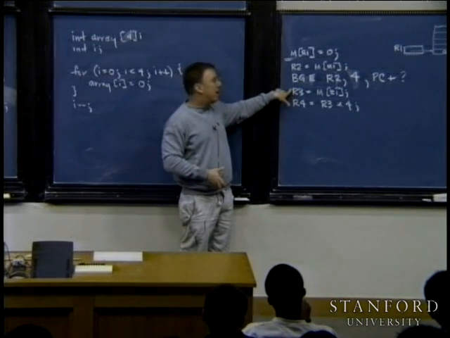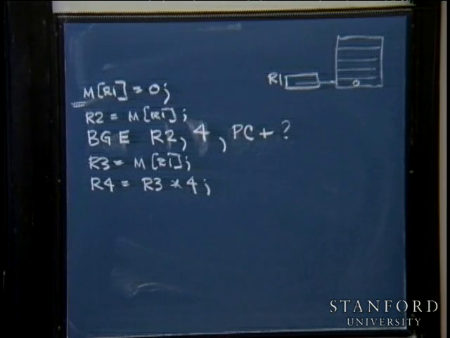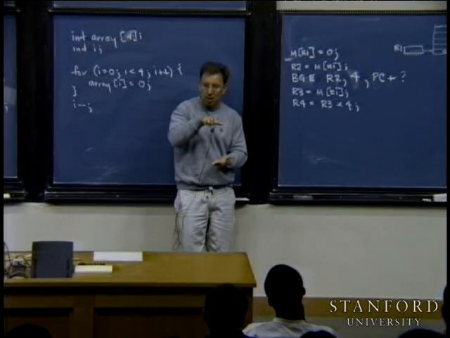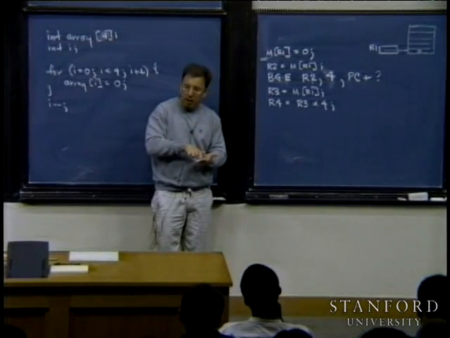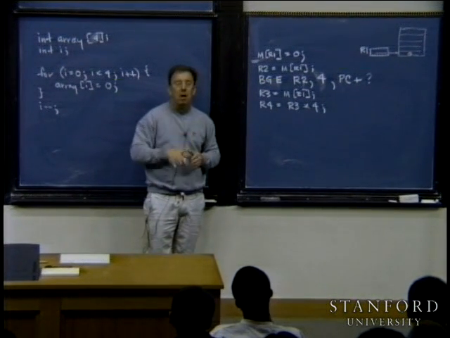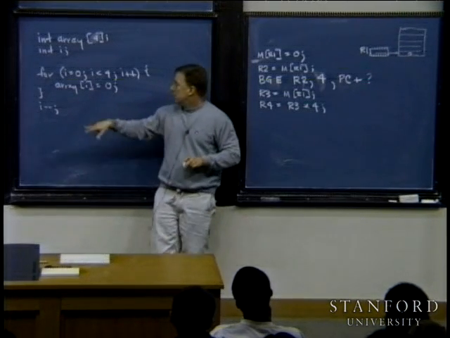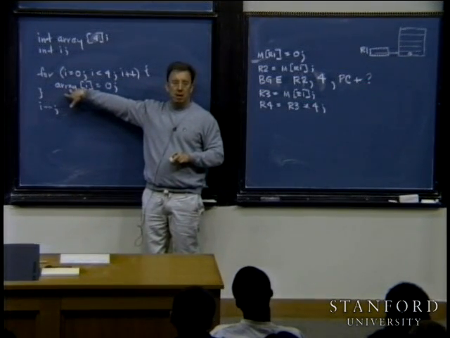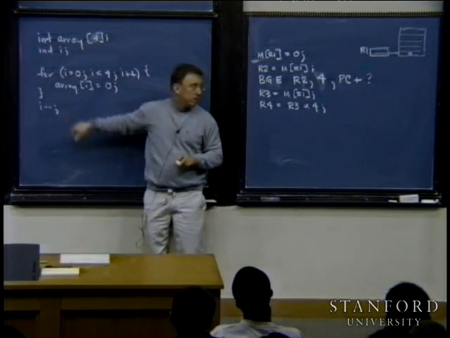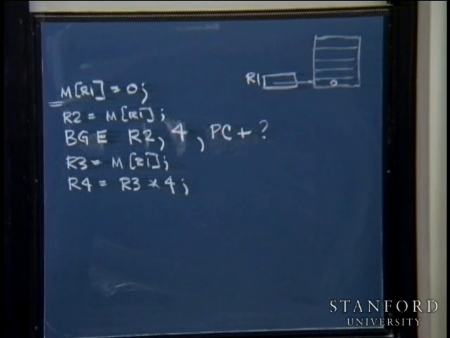R3 has the value of I, R4 has the value of I scaled by 4, so now R4 has the distance in terms of bytes from the base address of array to where the 0 has to be placed. Does that make sense? What is the value of array? We know that it's ampersand of array of 0, right? Array of 0 resides right here. Okay?